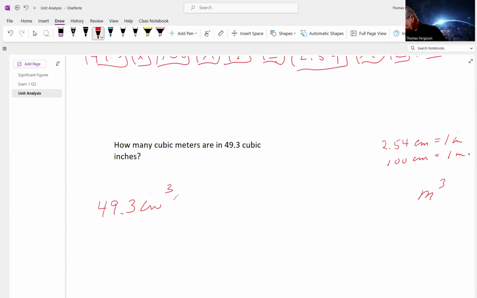Okay, so first thing we need to do is convert the inches to centimeters. So that's 2.54 cubed. Now we have cubic centimeters. Now we need to go to cubic meters.